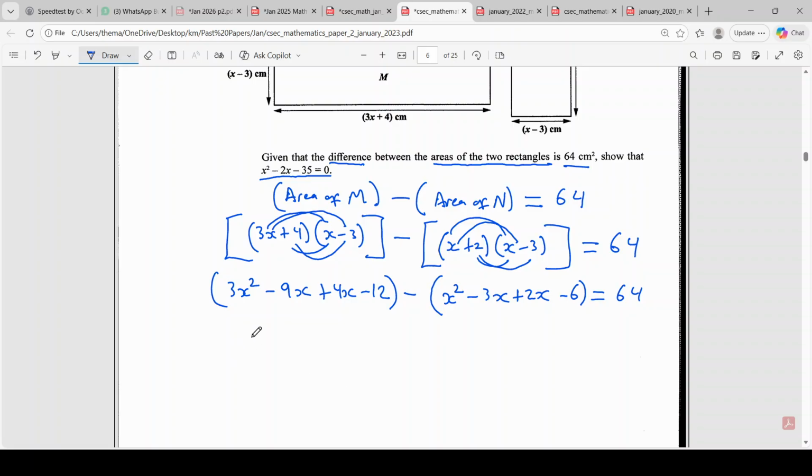Right, so let me look at the like terms here now. This is 3x squared minus 9x plus 4x is minus 5x minus 12. After the minus, I'm still keeping it in a bracket for now. X squared minus 3x plus 2x is minus 1x minus 6 equal to 64.